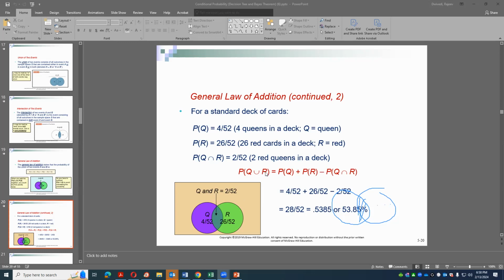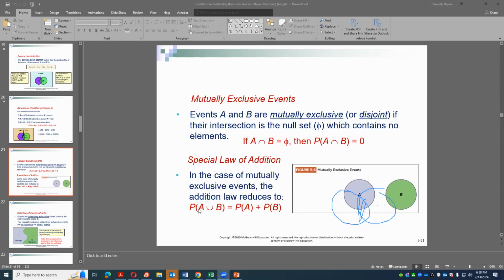Queen or red would be about 53% or 54%. Similarly here, if this common area is 0, means they are not overlapping on each other, then the subtracting part would be 0, and probability of A or B would be probability A plus probability of B.